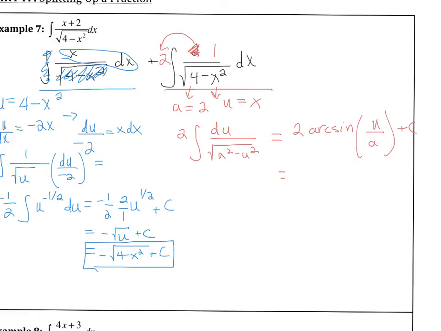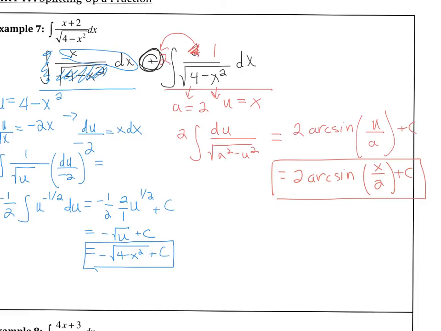And then, of course, we'll put everything back in terms of x's, right? So u, in this case, was just x. A was 2, plus c. And so now these are the 2 pieces that we need to sum together because originally, it was this integral plus that integral.